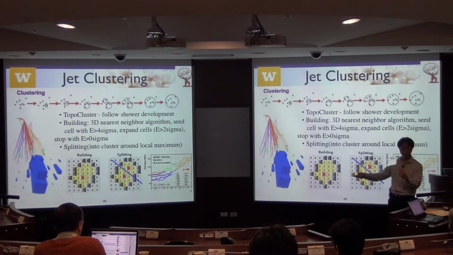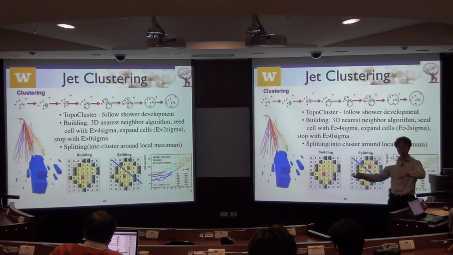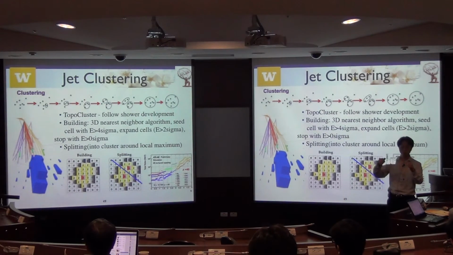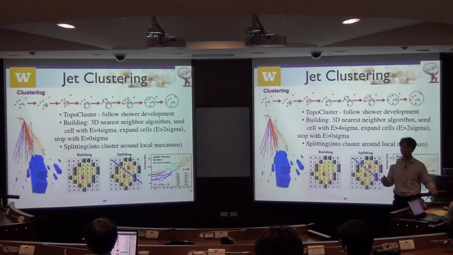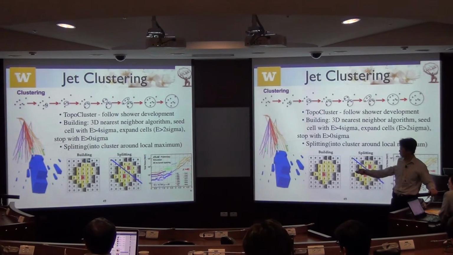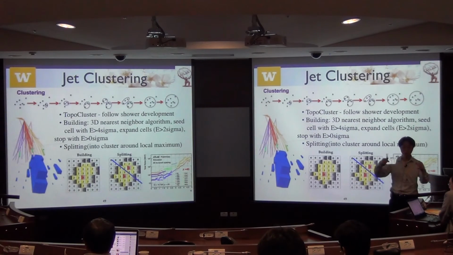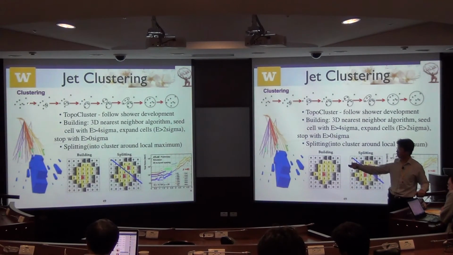Then we start from here as a seed and find the neighboring cells with energy beyond 2 sigma of the noise. We connect them together until the energy is less than the energy threshold, and then we stop. We call it the clustering process. You start from uncorrelated constituents, and in the end you are growing and making connections over different constituents. Then you get the final jet cluster.